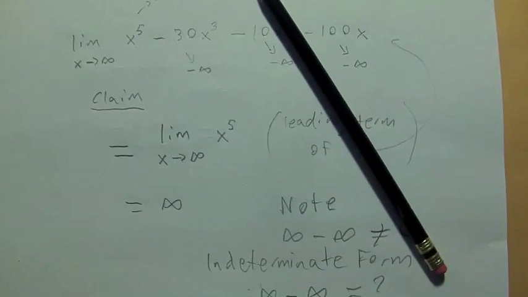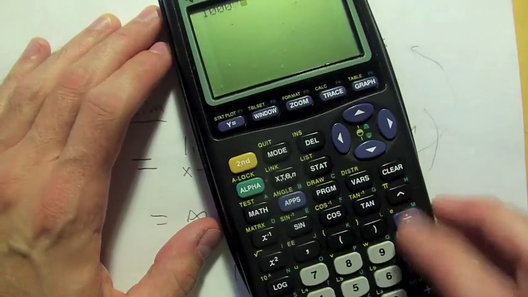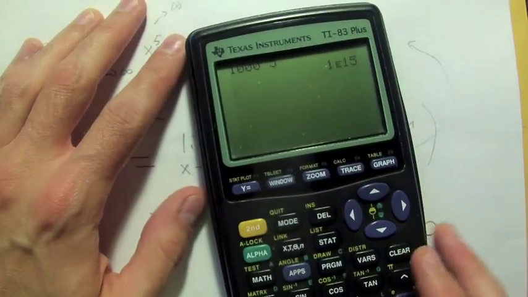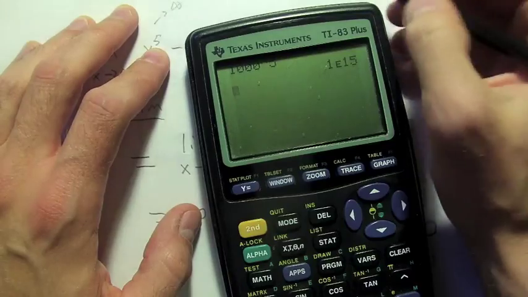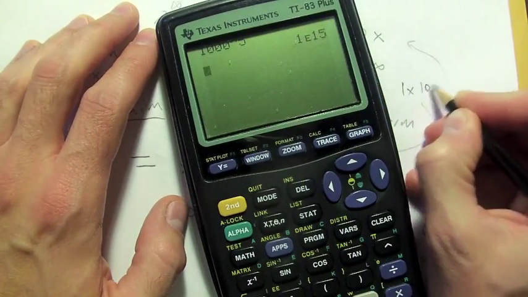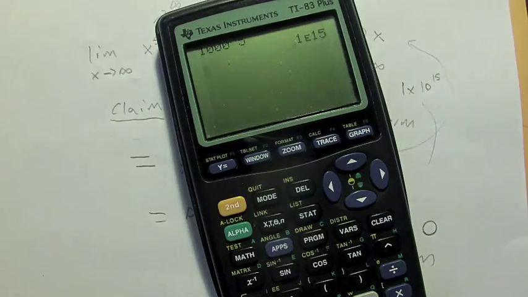I can even show you, if we use a calculator and I say 1,000 to the fifth, that's 1 e to the 15th, right? For those of you who don't know what that means, that's 1 times 10 to the 15th power. That's a huge number.